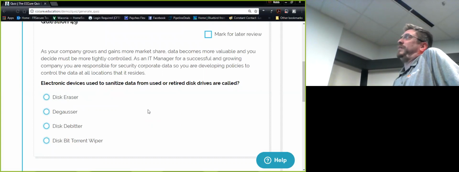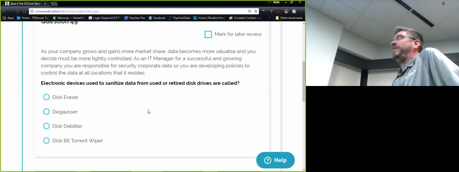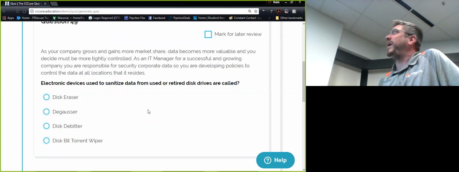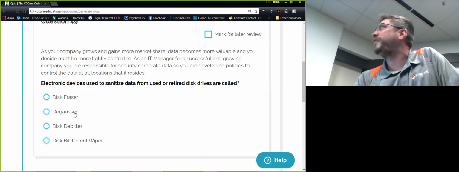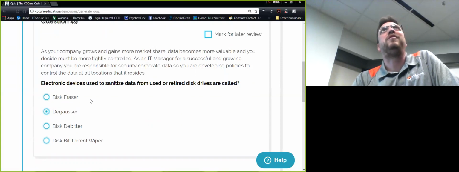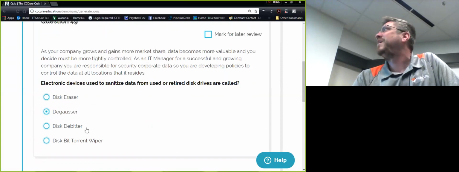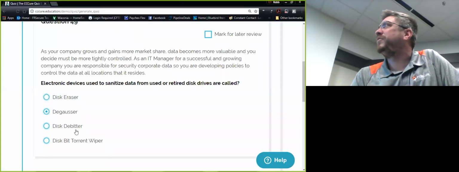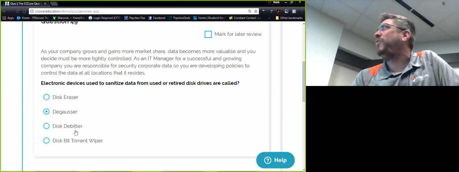So I would say degausser could be it. A disk eraser, I interpret that to be software like DBAN or something like that. I don't even know what a disk debitter is. And a disk bit torrent wiper sounds made up. So let's go with degausser.